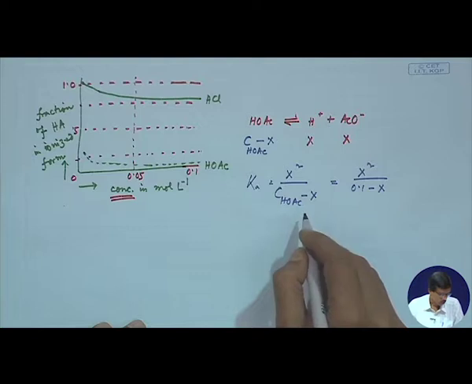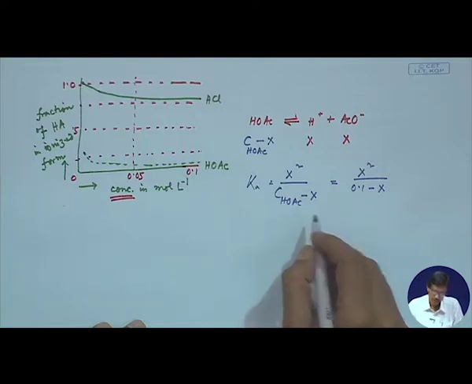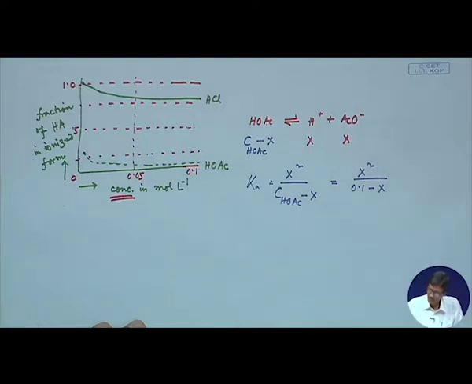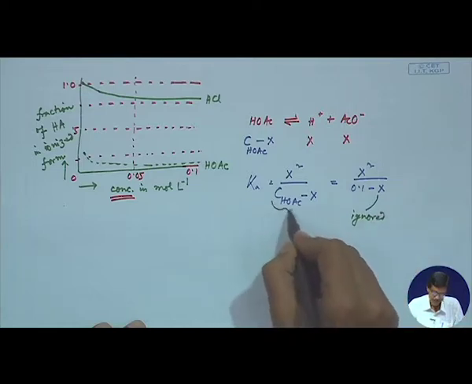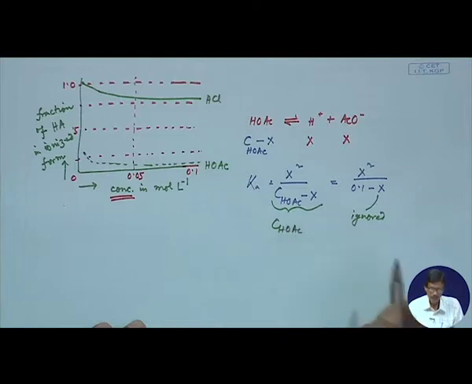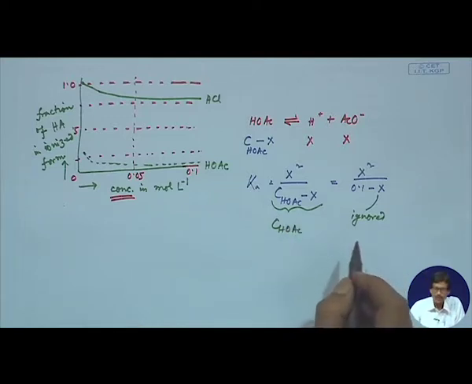If the dissociation is very small, the magnitude of x can be ignored, and this is equivalent to C of HOAc, the original acid concentration.